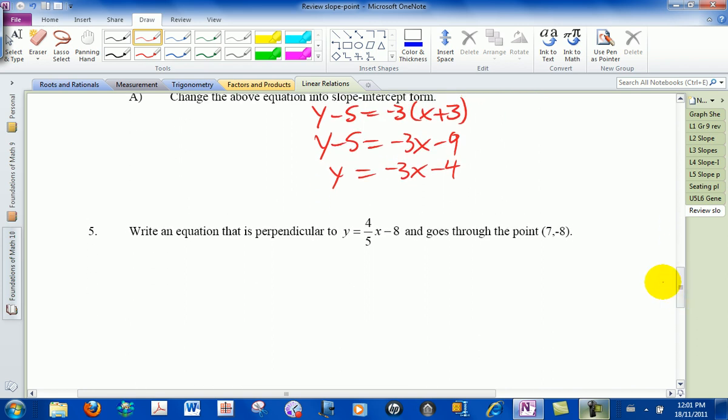Okay, now we want an equation that's perpendicular to this line and goes through that point. So if it's perpendicular, what do we have to do with the slope? Hina. So instead of 4 over 5, what's the negative reciprocal? Good, negative 5 over 4. Okay. And now here's the point. Write your equation, please. Go.